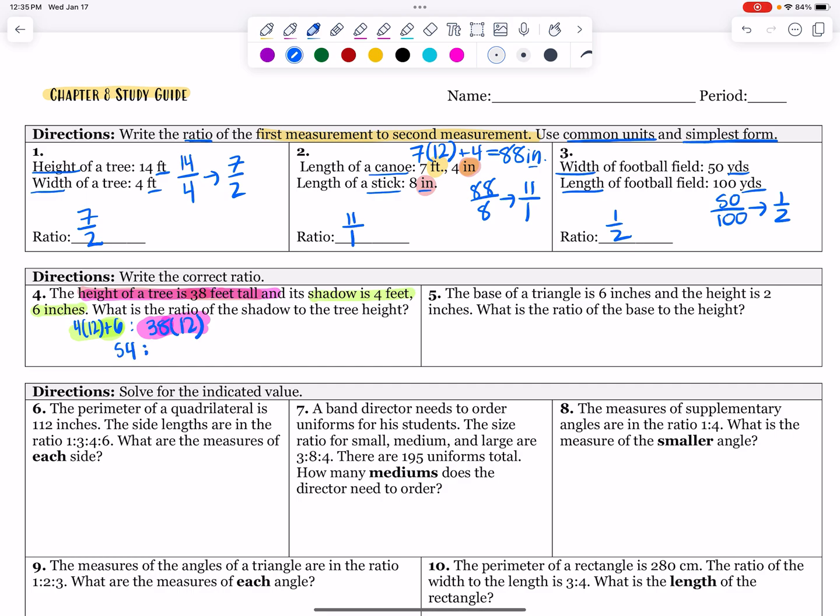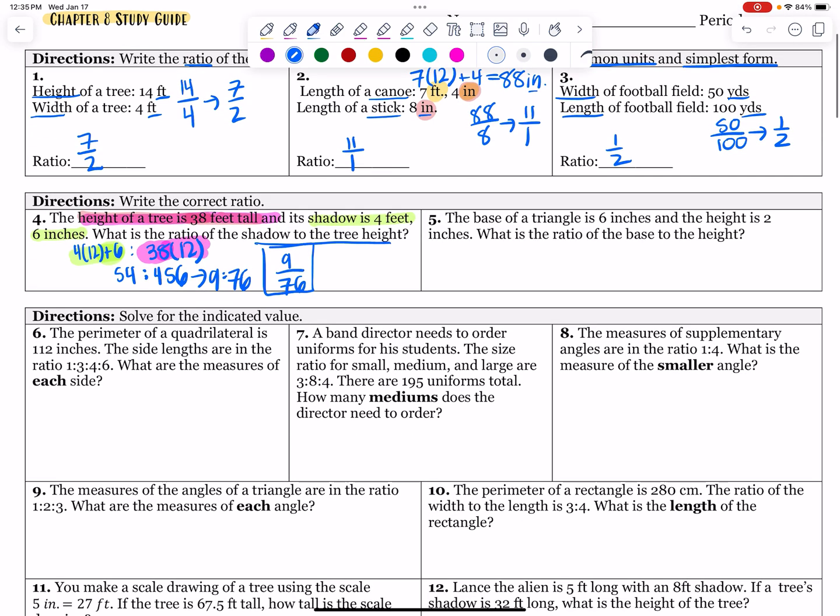So that's going to be 54 to 38 times 12, which gives me, double check, 456. And when we reduce that, the shadow to the tree height is going to give me 9 over 76. 9 to 76 or 9 over 76. You can write that either way. That's the shadow compared to the height of the tree.